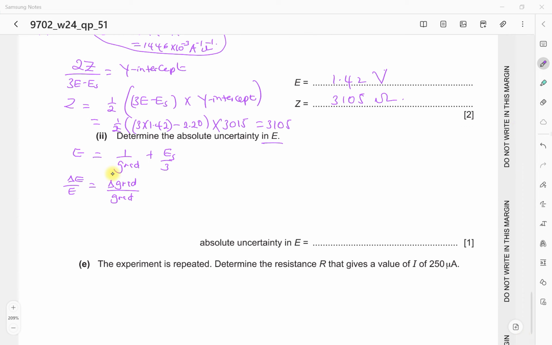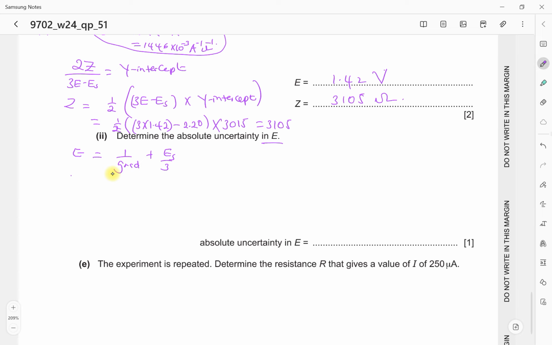Because this is addition, I'll first get the absolute uncertainty in 1 over the gradient alone, and add it to the absolute uncertainty in ES over 3. Of course, your AS knowledge should be very important here.